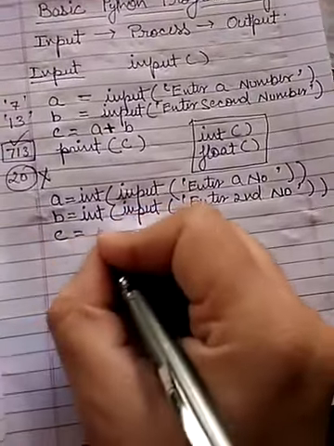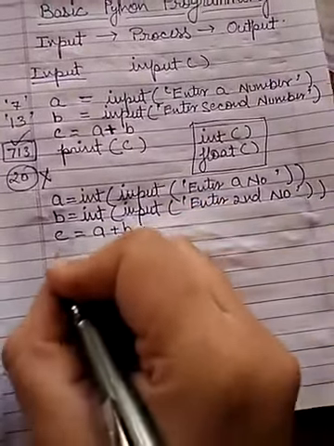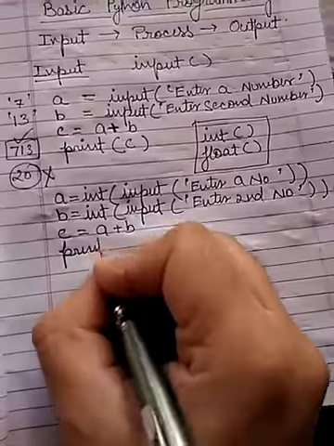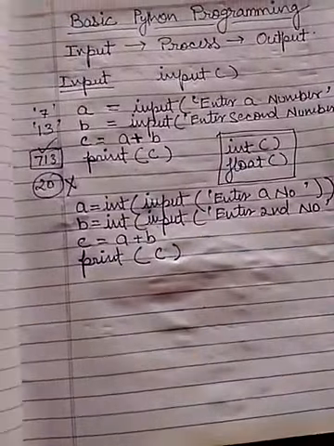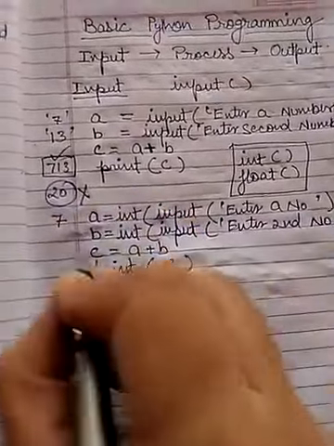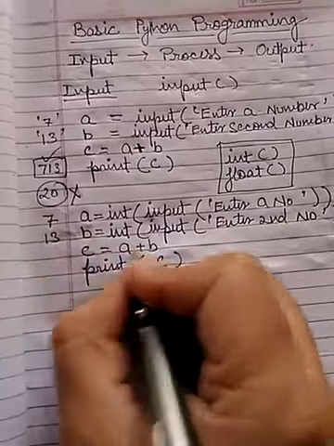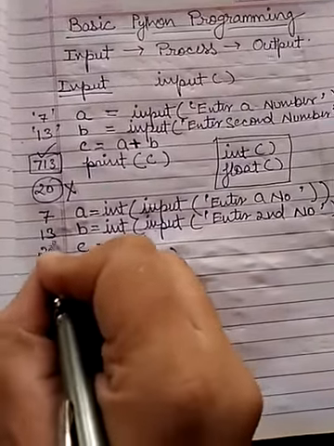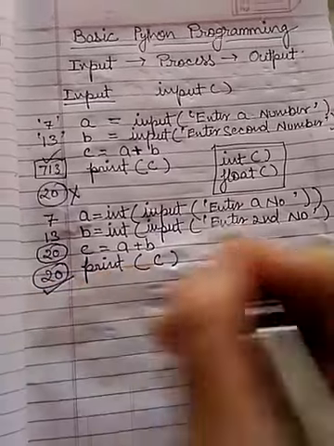Now c equal to a plus b, print c. Now if I give 7 in a, 13 in b, after that this plus will do the calculation of 20 and 20 will be the output.